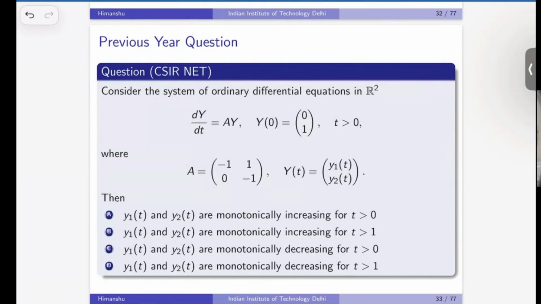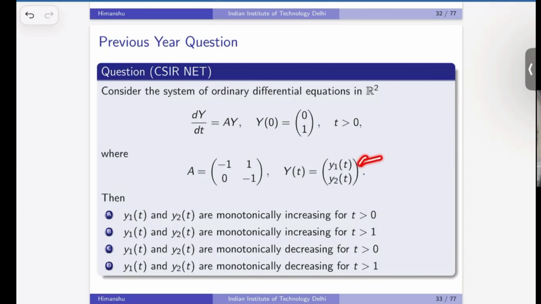So this is a question that comes in CSIR NET. The question says: consider the system of ordinary differential equations dy by dt equals Ay, where the matrix A is given by this, and we have this initial value problem. The question is about the functions y1 and y2.